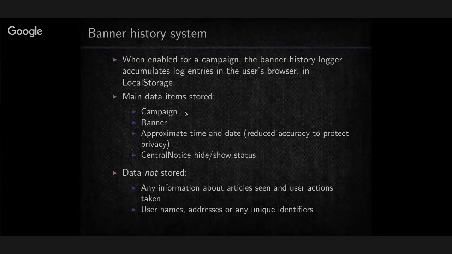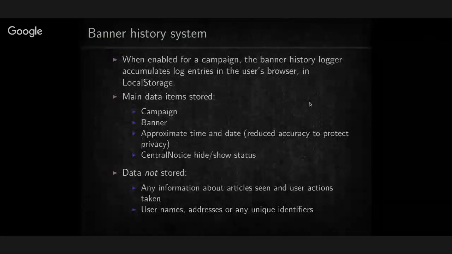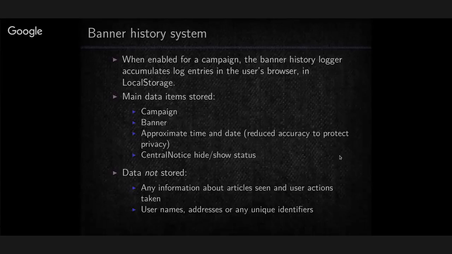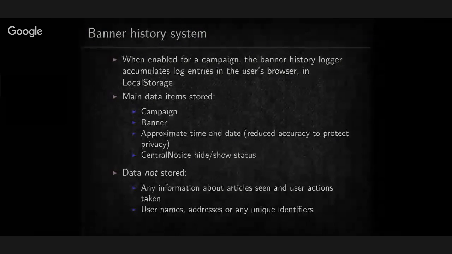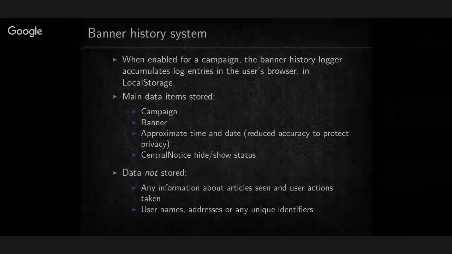And here are the main data items stored: which campaign the user is on, which banner is being shown, and the approximate time and date of the display of the banner. This is limited in accuracy, specifically so that there's no way to correlate this to server logs. So there's no way to find out from this log which page the user was viewing or which user this is.